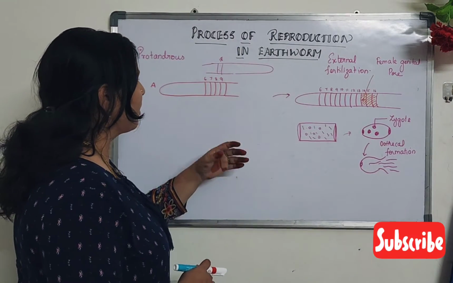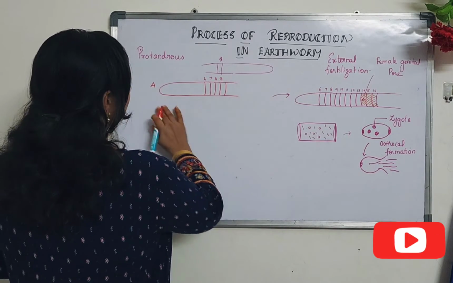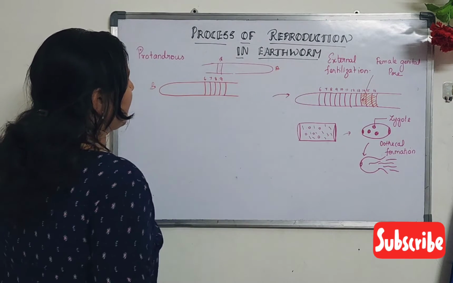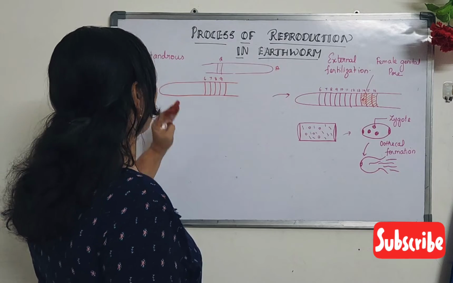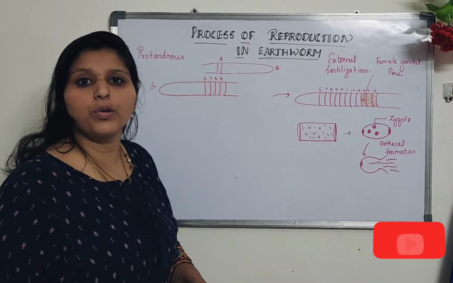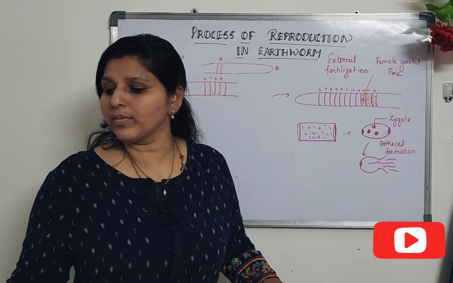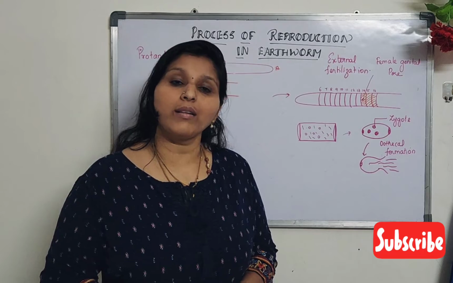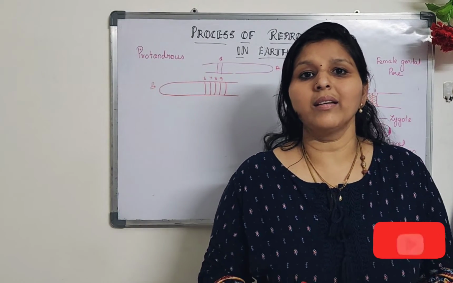At the time of copulation, earthworm A comes in contact with earthworm B. Before knowing about the copulation, we should be clear with the concept that earthworms are protandrous in nature. So what do you mean by the term protandrous?